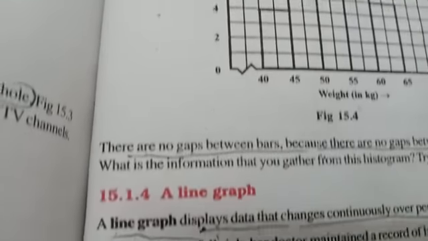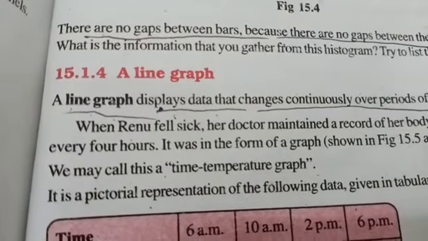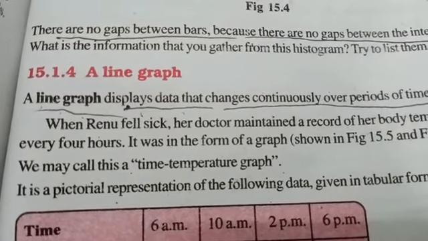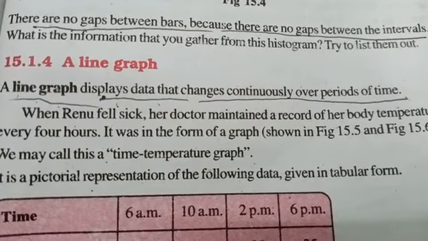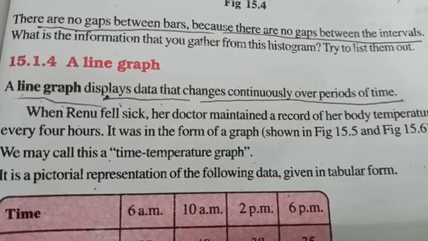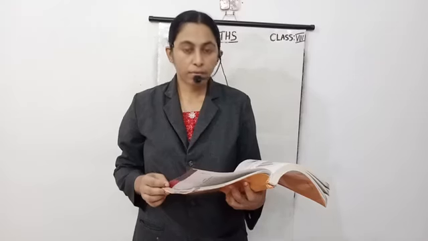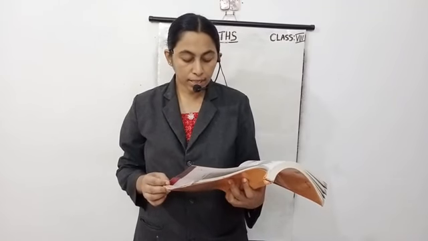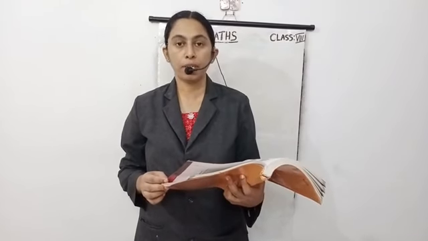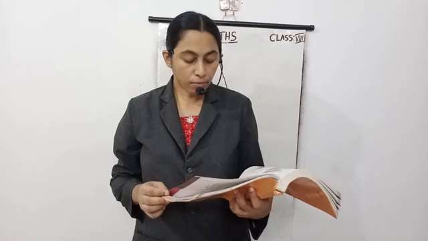In this chapter we are going to learn a new graph, a line graph. A line graph displays data that changes continuously over periods of time. Once more, a line graph displays data that changes continuously over periods of time. They have given one example.